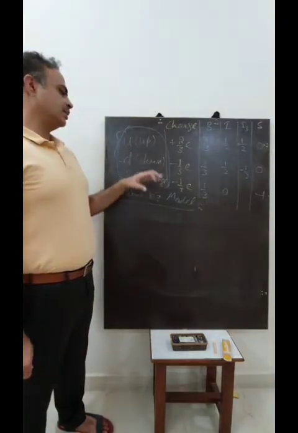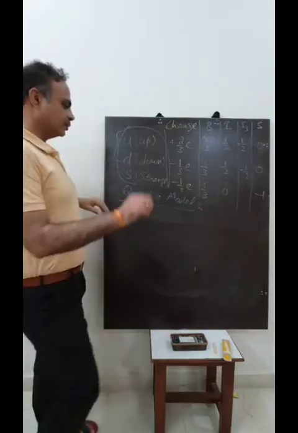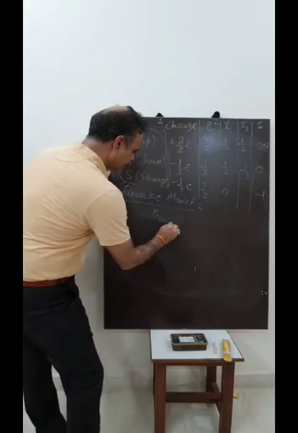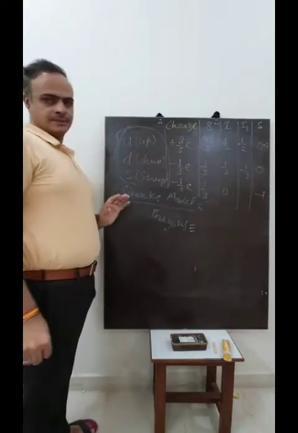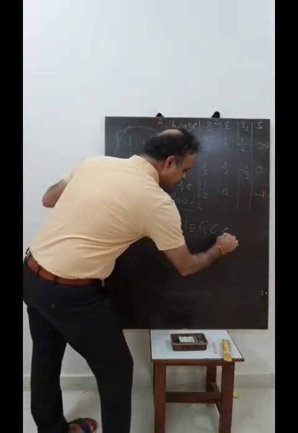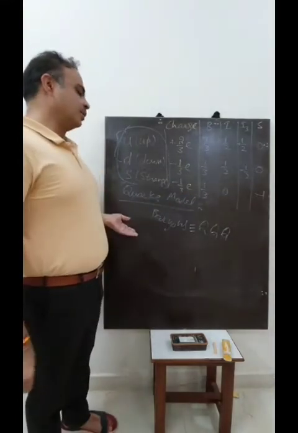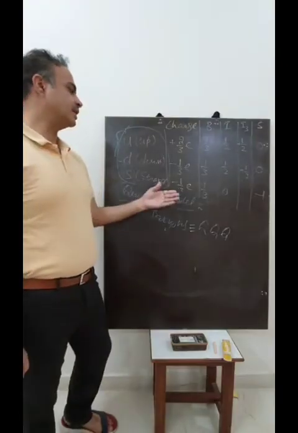Baryons are made up of 3 quarks, Q, Q, Q, where Q represents a quark, and antibaryons are made up of antiquarks.